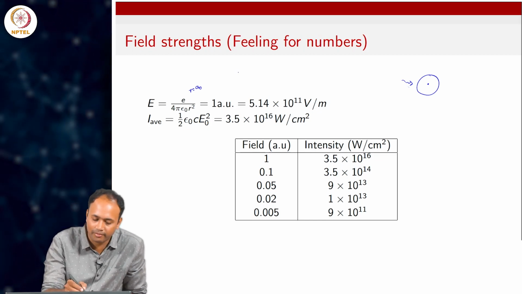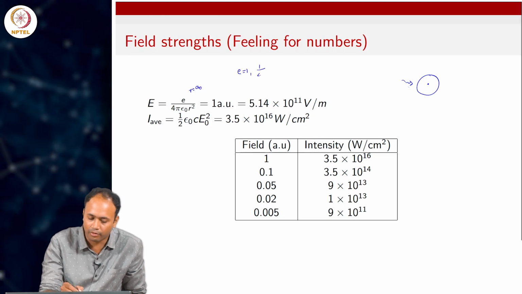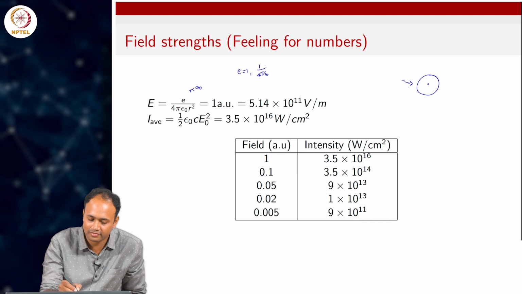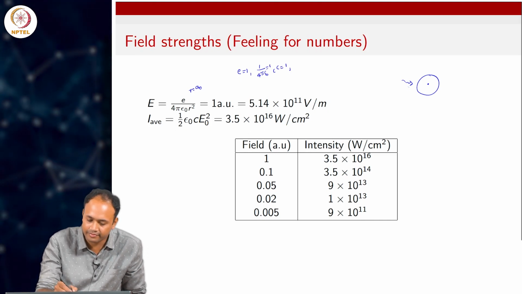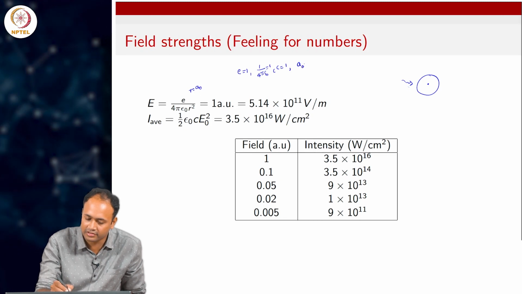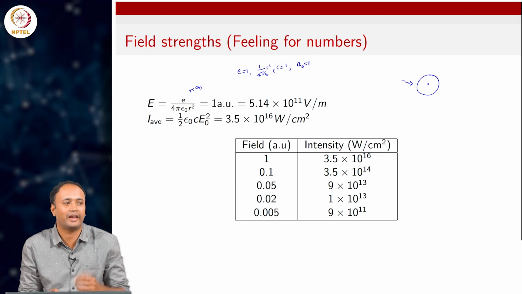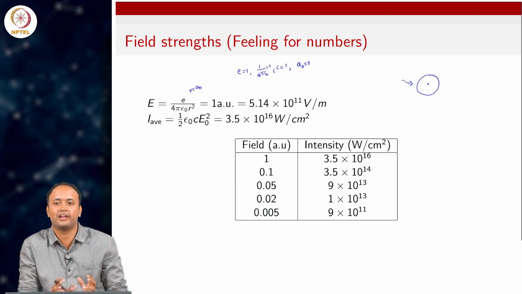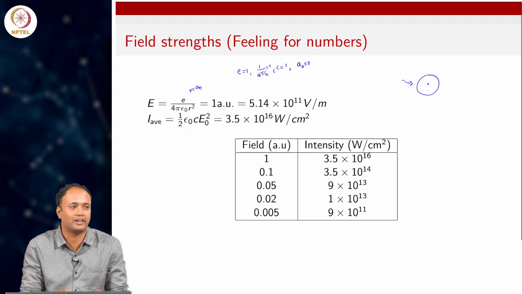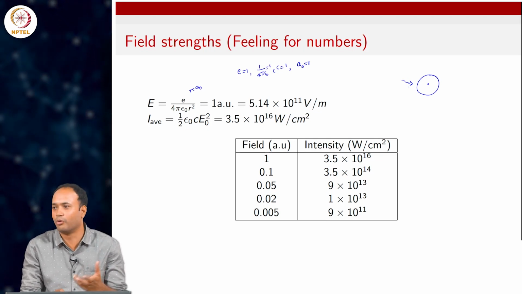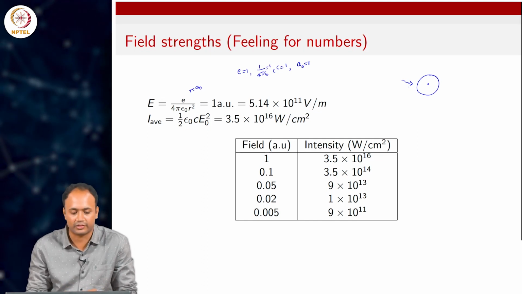What one does in atomic units is to take e equal to 1, 1 by 4 pi epsilon naught equal to 1, c is 1, and a naught, which is the Bohr radius, is also 1. You make a lot of things 1 to make the equations look simpler. It's essentially a unit system. It's like instead of measuring in meters, I measure in units of the Bohr radius and so on. There is an equivalent system that's used in atomic physics.